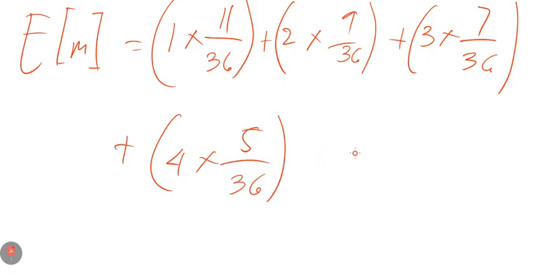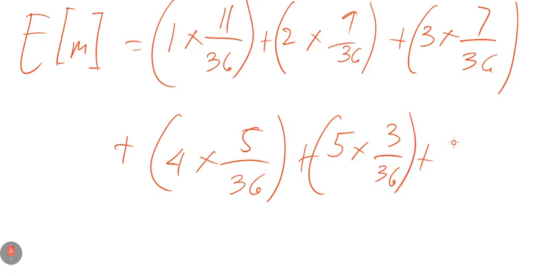Moving on here, we have last 2 then plus 5 times 3 out of 36. And the last one would be 6. Oh, sorry for that. 6 times 1 out of 36 then.